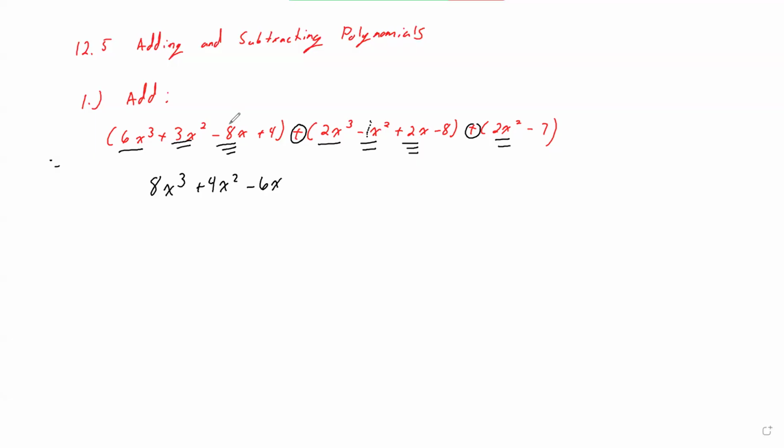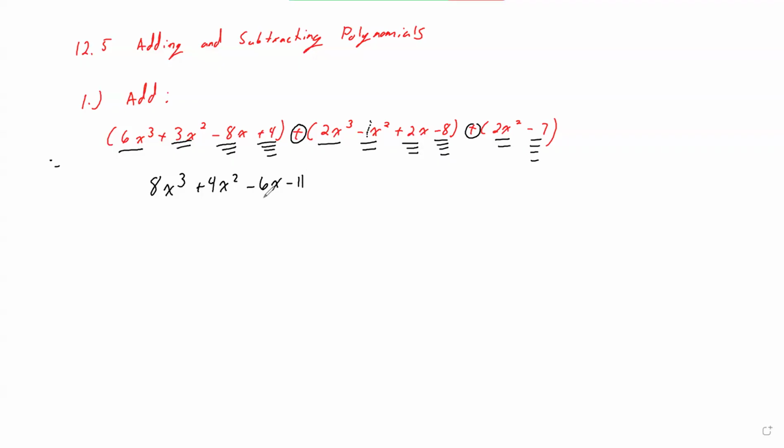We're just going from highest degree to lowest. So then my last one would be the ones that don't have letters at all. So that's going to be 4 plus negative 8, which is negative 4, plus a negative 7.